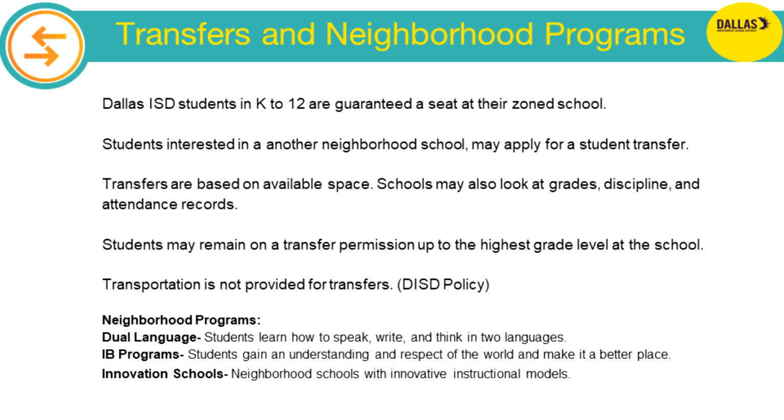When you learn more about the world, you respect other countries and things like that, and you can become that game changer that you may want to be. Or say your child is interested in learning another language. You can have your child learn how to read, write, and think in 2 languages. So we have some great programs in our neighborhood schools that you can transfer to. Thank you, Mari Carmen.